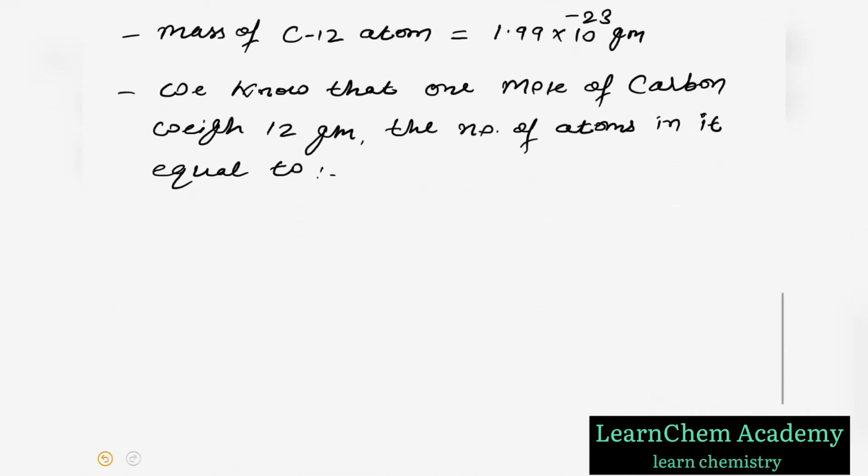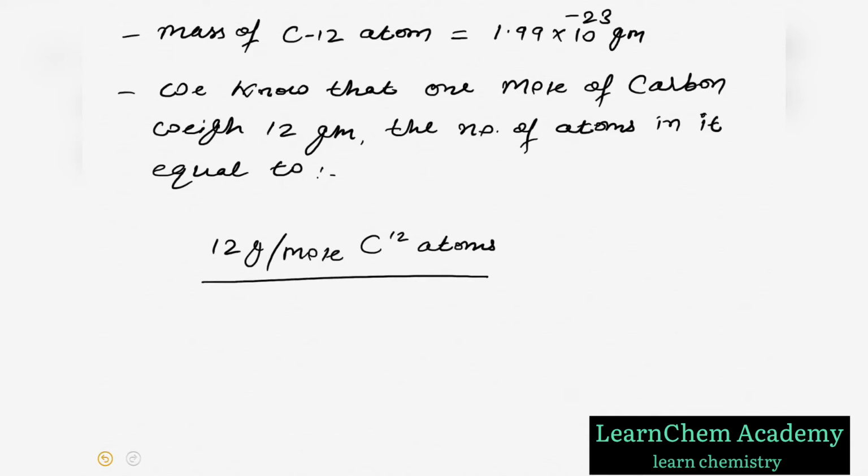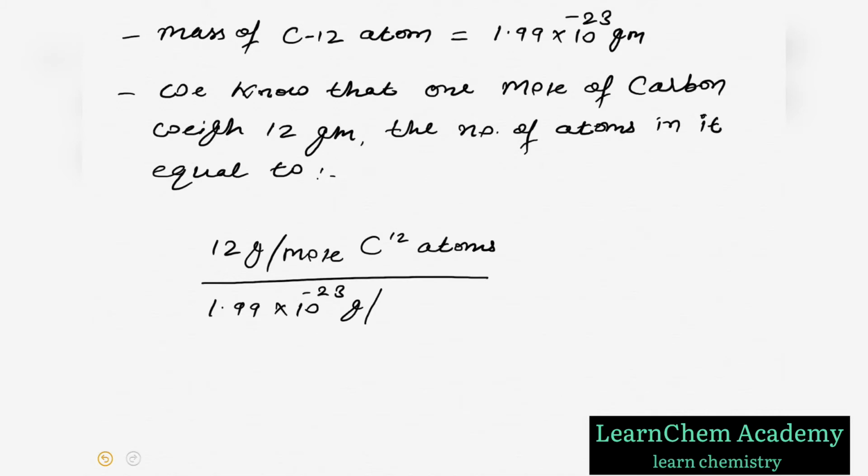So we can write 12 gram per mole C12 atoms, divided by the mass of one atom, that will be 1.99 times 10 raised to power minus 23 gram per C12 atom.